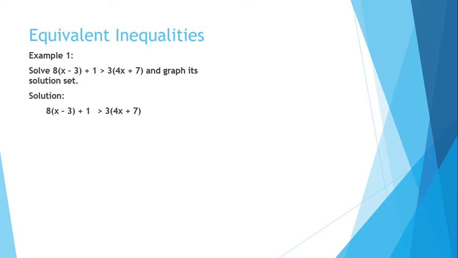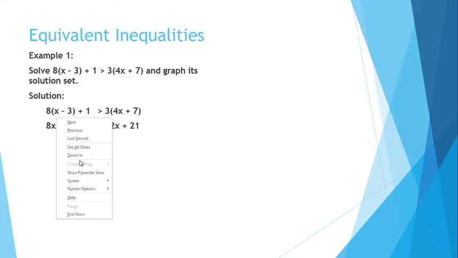First, we have the inequality itself: 8 times x minus 3, plus 1, is greater than 3 times 4x plus 7. We get 8x by multiplying 8 by x, and then 8 multiplied by 3 gives negative 24.